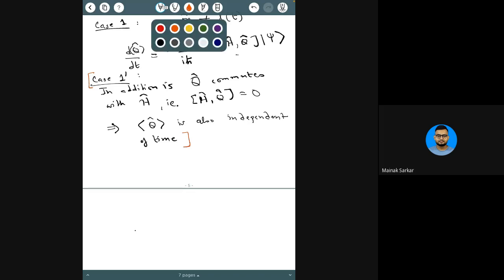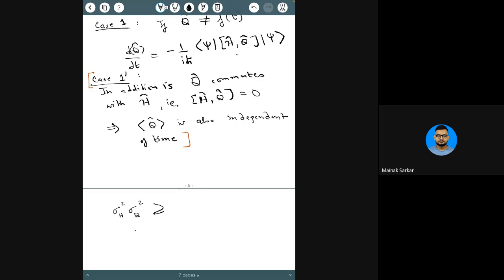In case 1, we have the operator independent of time, but I am not saying anything about the commutativity of H and Q. I'm letting that be. Then we can go back to the uncertainty relation, the general mathematical relation. Let's say I'm taking the uncertainty between H and Q.